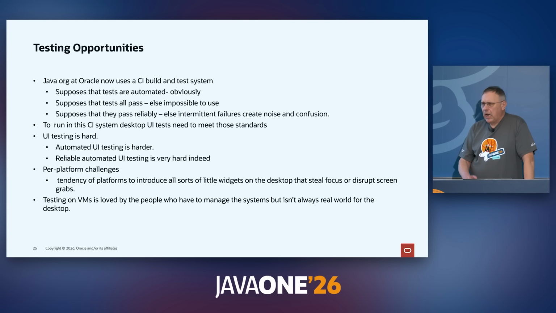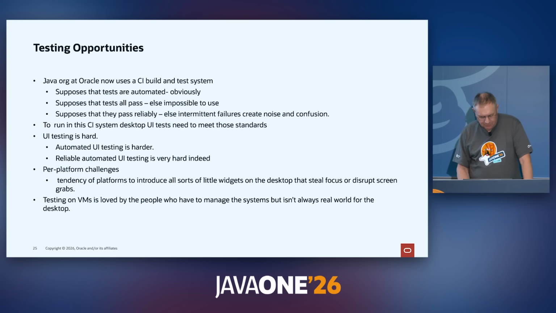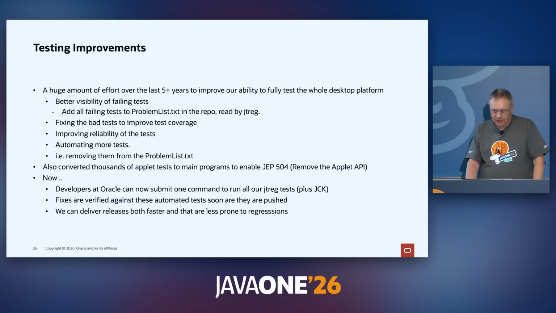Or macOS really wants to inform us that Valentine's Day is coming up, and this thing just pops up and tests fail. Anyway, we also really need to be able to run on physical machines as well, because not everything is real world otherwise. So we have spent a lot of effort on trying to get these tests to pass reliably, etc., etc.